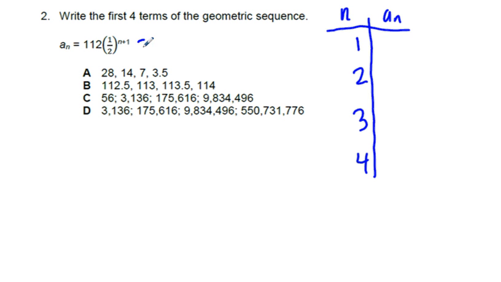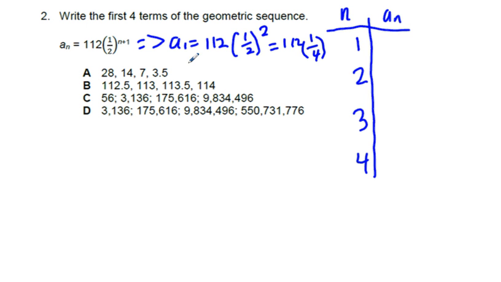So for 1, we'd say a sub 1 is equal to 112 times 1/2 to the power of n plus 1, or 1 plus 1, or 2. So what that's going to be is 112 times 1/4, or 112 divided by 4. So I think that's going to be 28. We can try the next one.